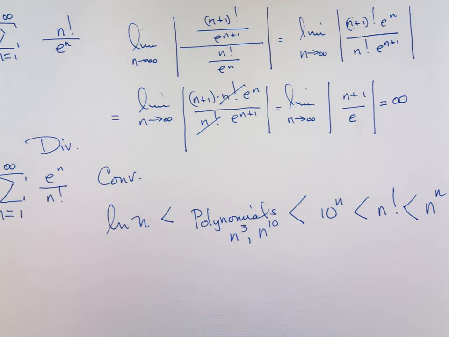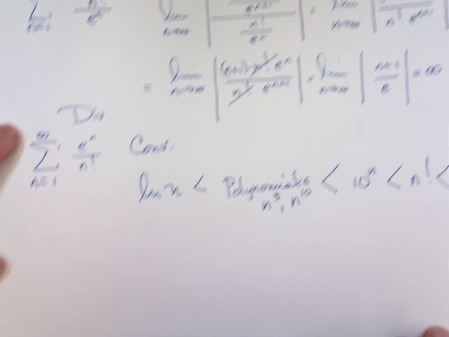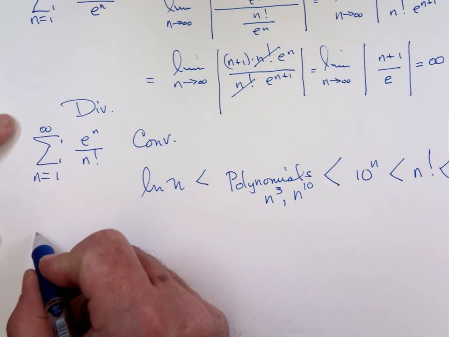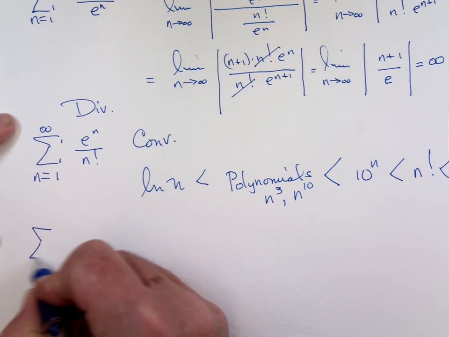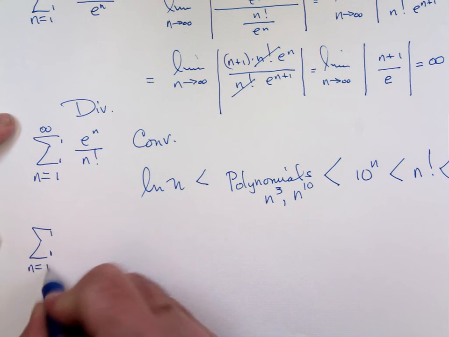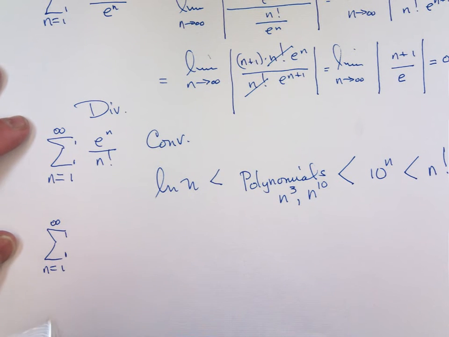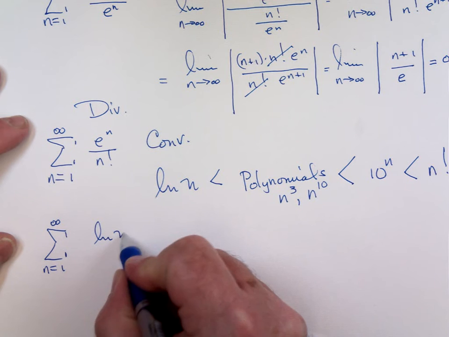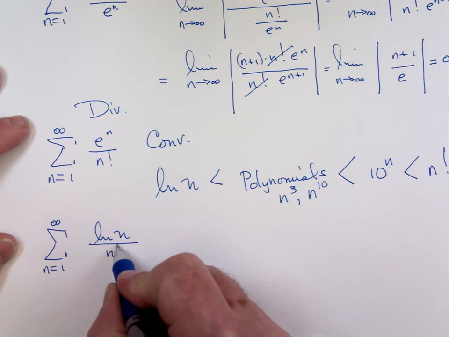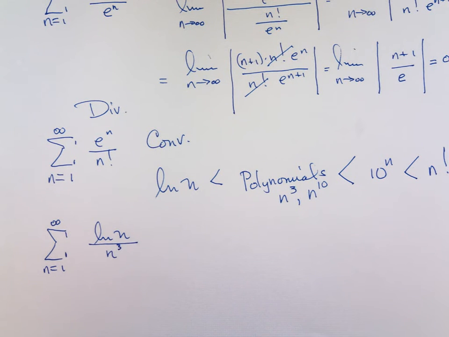Let's take a look at this series. Let's take a look at natural log of n over n cubed. What can you tell me about natural log of n over n cubed? It converges.